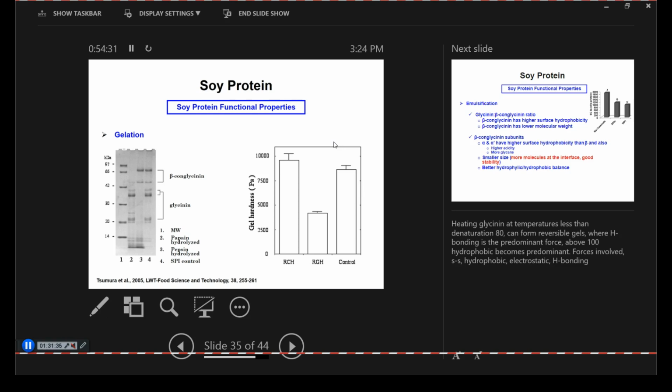When we reduced conglycinin, it either improved a little bit or was not really very different. So conglycinin did not have an impact on the strength of the gel. This is proving that glycinin is the driving force for gelation in soy protein.